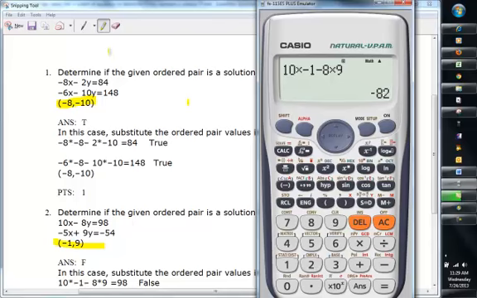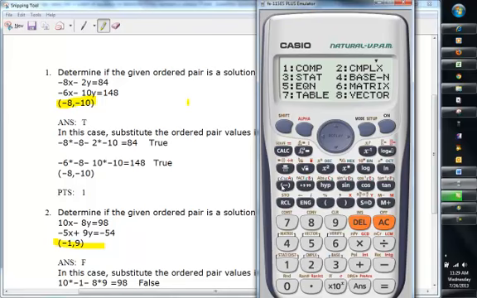The other way that you can solve these systems is that your calculator has a way to solve systems of two equations. It's using the number 5, so I pressed mode 5, equations. And we want to use the first one because that'll give us an x, a y, and a constant term.